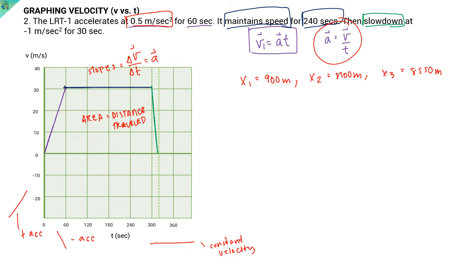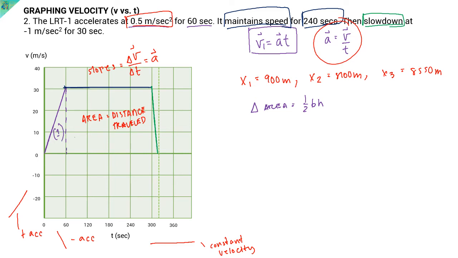Okay, so according to our principle here, the area on a velocity time graph inside our graph here dictates the distance traveled. And we have three situations. Three situations means three different areas. And if we're going to look at situation number 1, this is situation number 1, and that is a triangle. And the formula for the area of a triangle is 1/2 base multiplied by height.